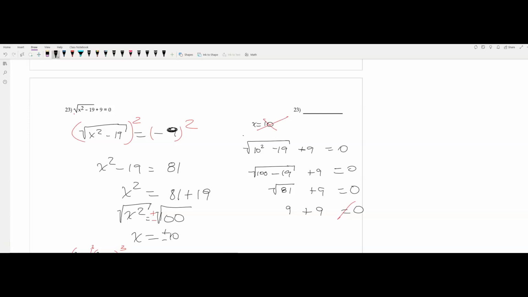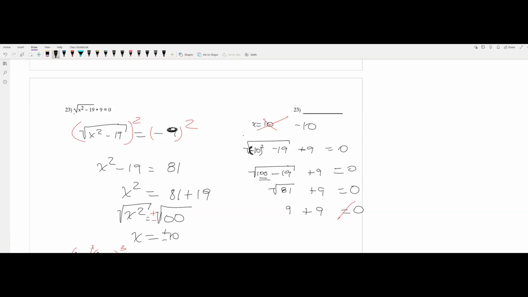Now let's try negative 10, right? And now you have to be careful, because now if you say, okay, negative 10, I'm going to show you the wrong way of doing it. Even the wrong way doesn't make any sense. So I'm not going to do it the wrong way. Here the negative 10 has to be put in parentheses, because it means that it's negative 10 times negative 10, which is 100.